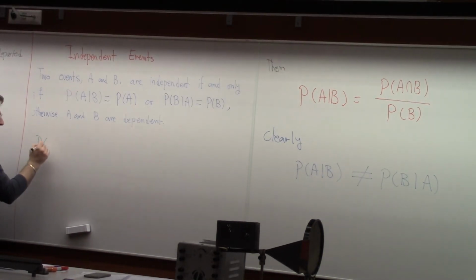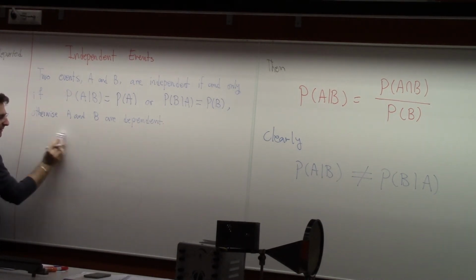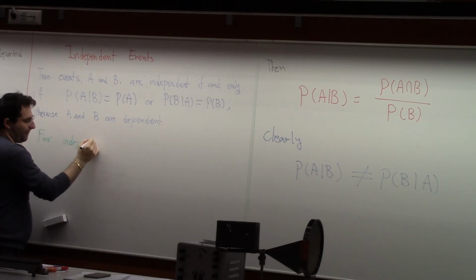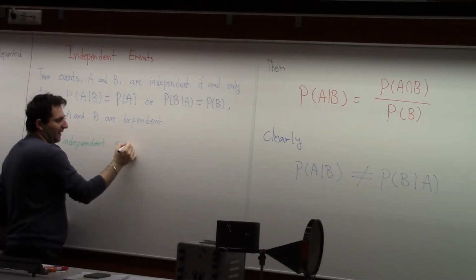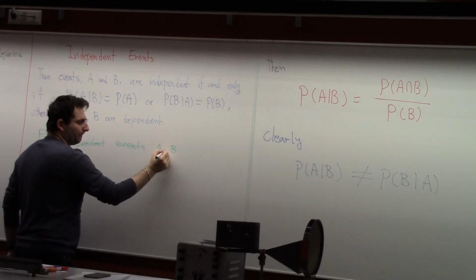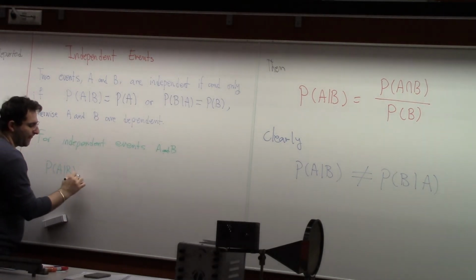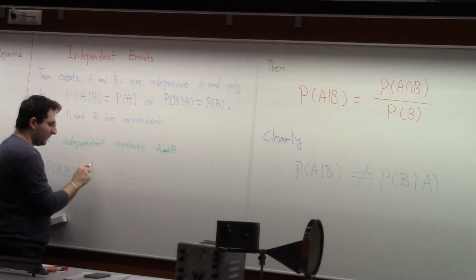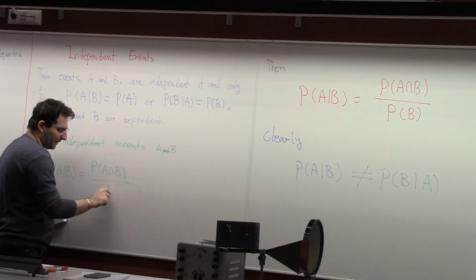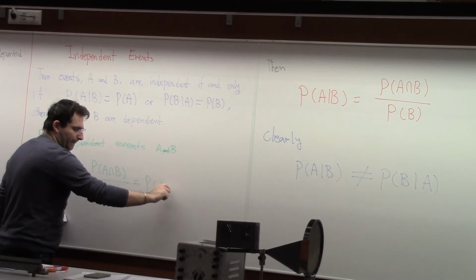So the probability of A given B, let's write this for independent events A and B: the probability of A given B is equal to the probability of A intersected with B divided by the probability of B, which is equal to the probability of A, right?